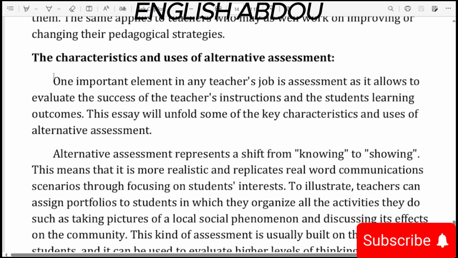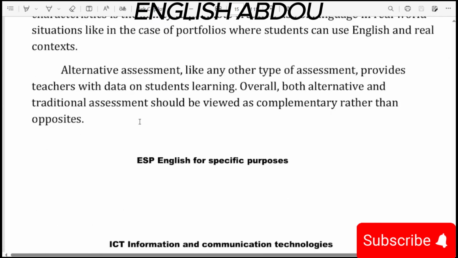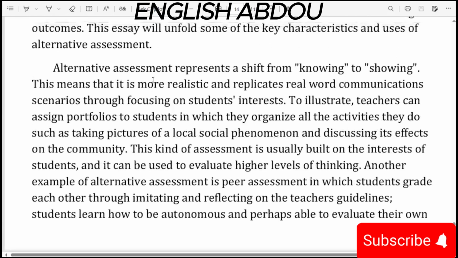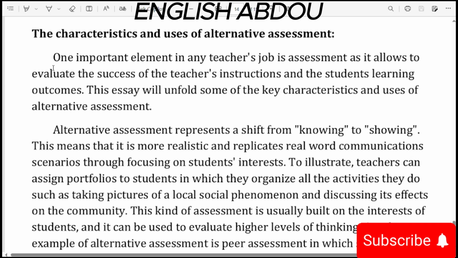This is an introduction, this is the body, and this is the conclusion, as you can see. Okay, one important element in any teacher's job is assessment, as it allows evaluating the success of the teacher's instructions and the students' learning outcomes.